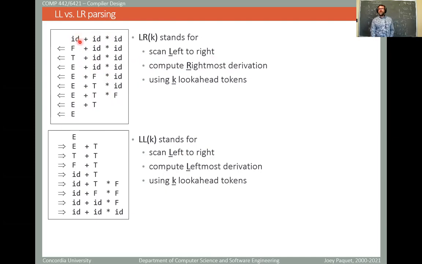So eventually what you're going to do is transform the terminal symbols into non-terminal symbols, and you will resolve them from left to right until, hopefully, you come to your starting symbol. So you see that you are building, in this case, exactly the same derivation as the leftmost derivation.